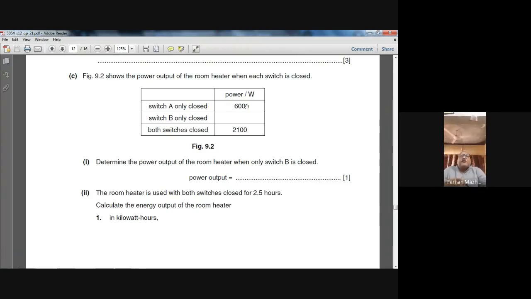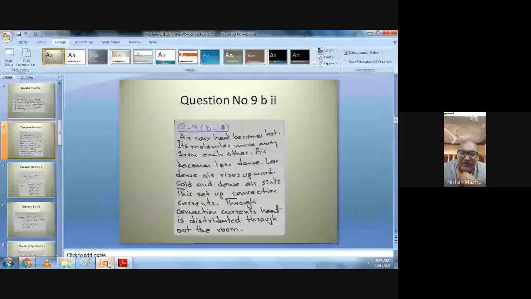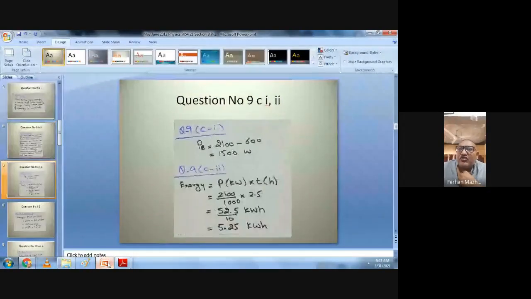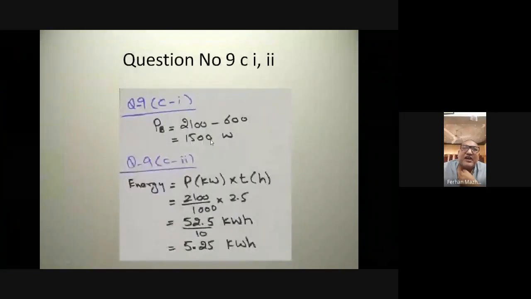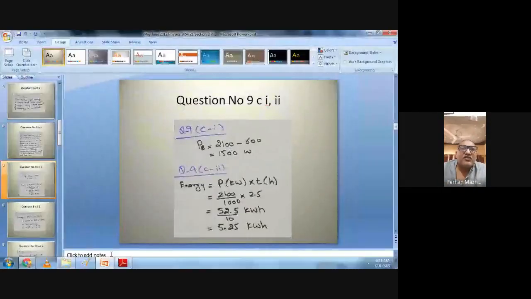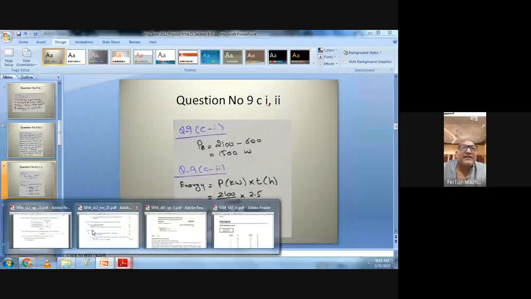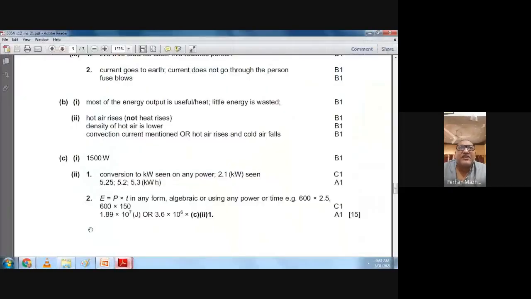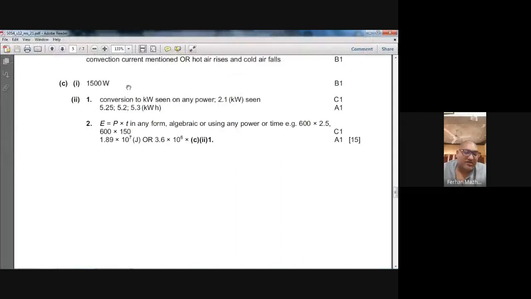So when only switch B is closed, the power will be 2100 minus 600. I've done this on paper. On the screen, you can see the first part, 2100 minus 600. That will be 1500 watt. So let's check the marking scheme. Yes, the marking scheme says 1500 watt.